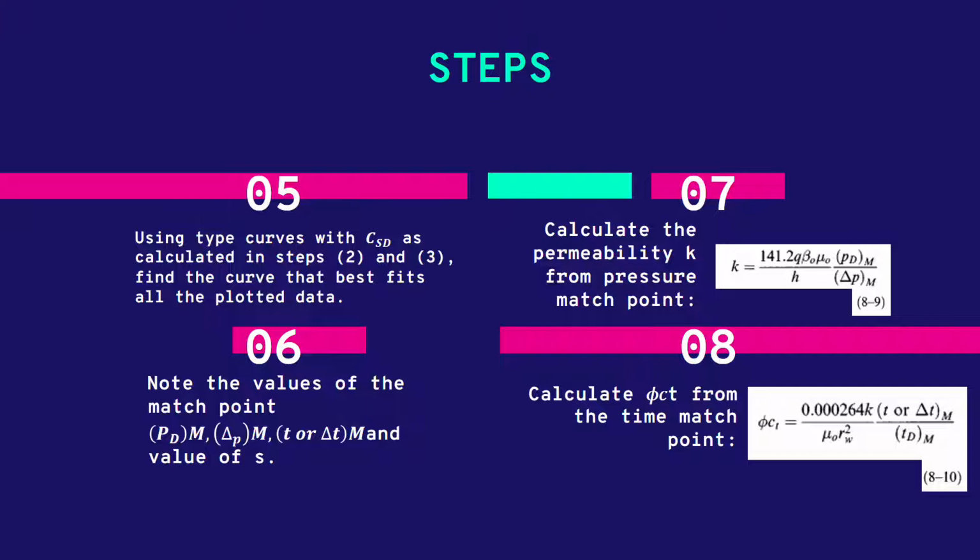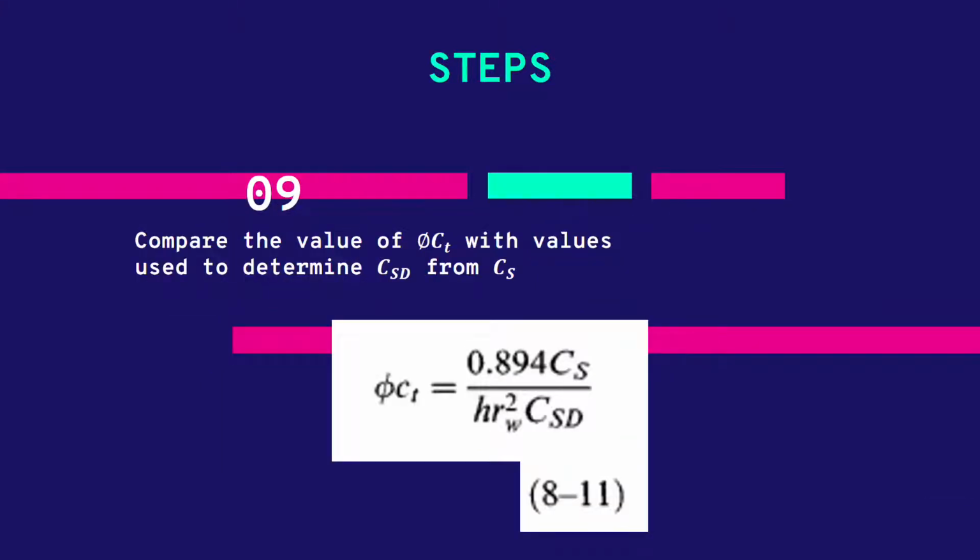Calculate the permeability K from the pressure match point. Step 8. Calculate the porosity-compressibility product phi CT from the time match point. And the last step, compare the value of phi CT with the value used to determine CSD from CS.